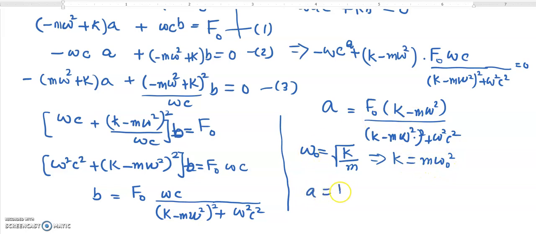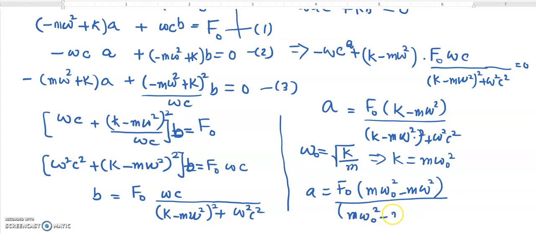So A will become f naught into m omega naught square minus m omega square, divided by, now the value of k is m omega naught square minus m omega square, squared, plus omega square c square.